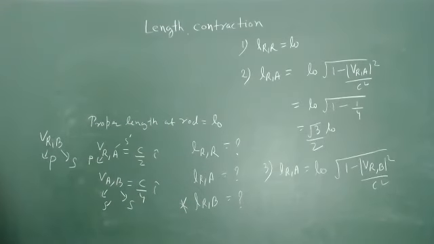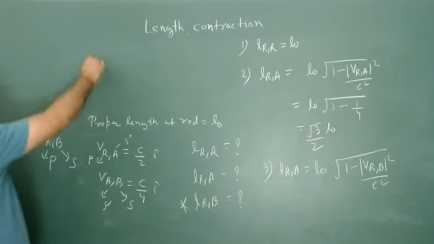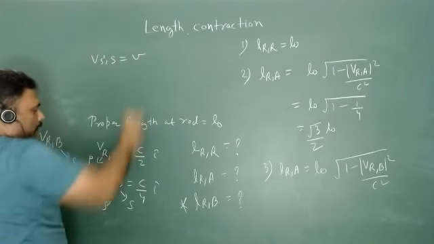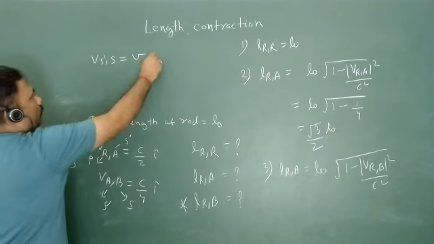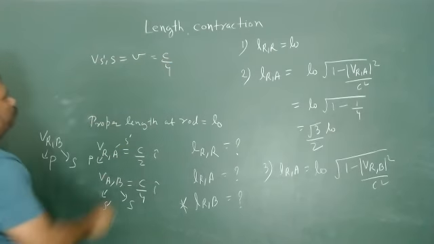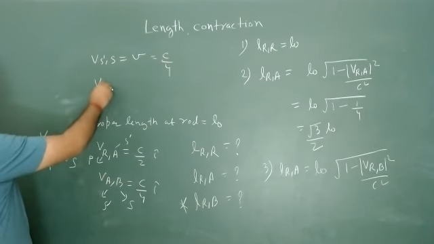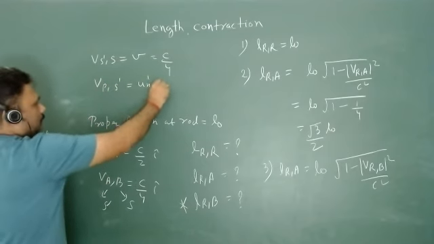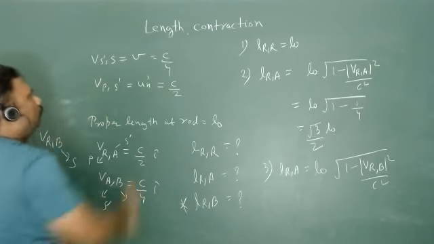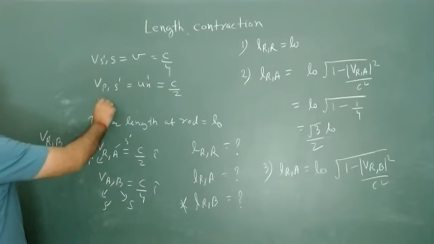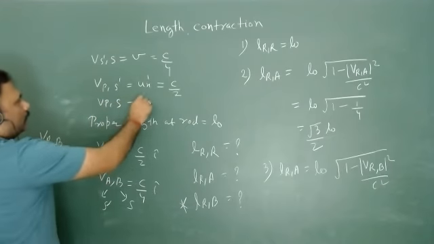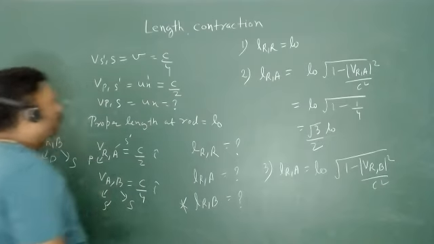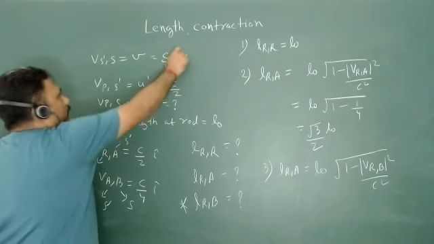So what do we have? The velocity of S dash with respect to S is V, and this is nothing but C upon 4. The velocity of the particle with respect to S dash is Ux dash, and that will be C upon 2. The velocity of the particle with respect to S is nothing but Ux. I have to calculate it, and I can use this formula. This is in the i cap direction.